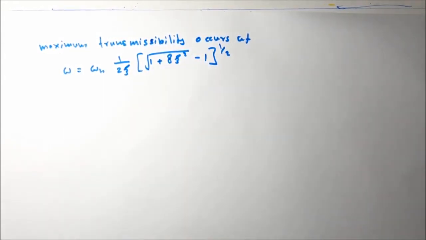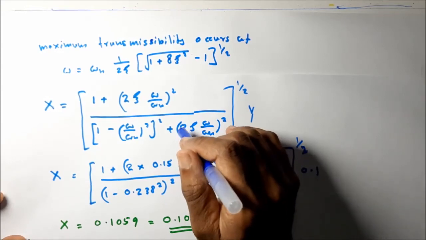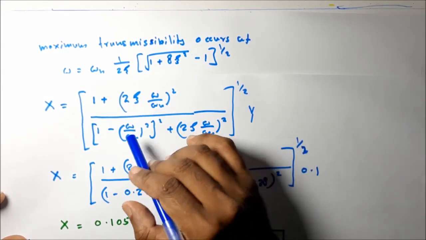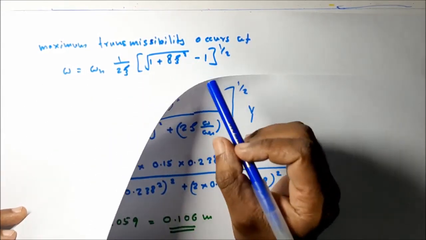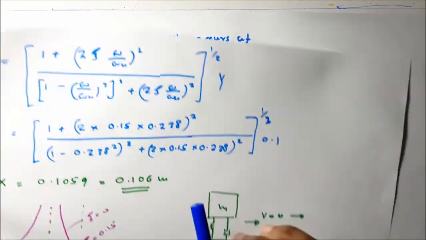This we can easily find by differentiating the equation with respect to the frequency ratio, and then we get the maximum value for this function.